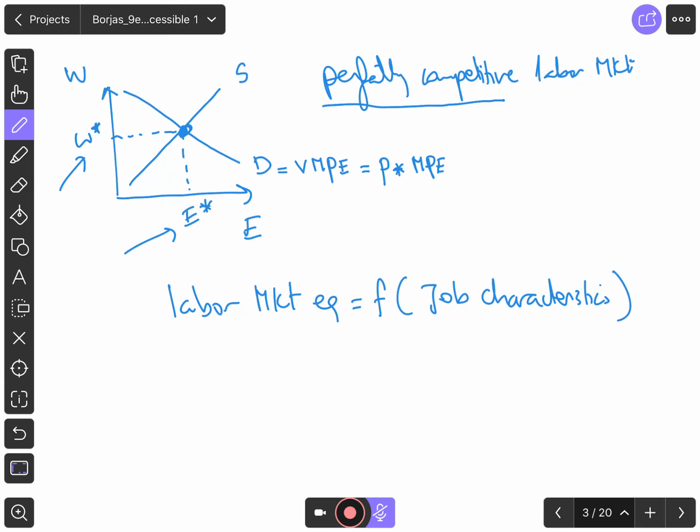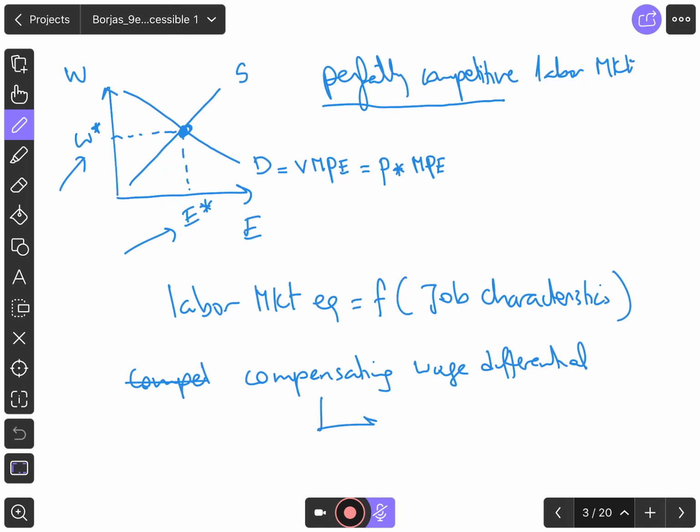The topic of this chapter, compensating wage differential, which is the title of our chapter, is basically how to compensate workers for non-wage characteristics on the job.